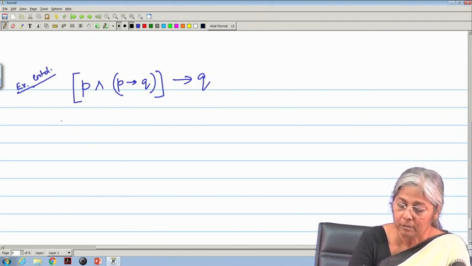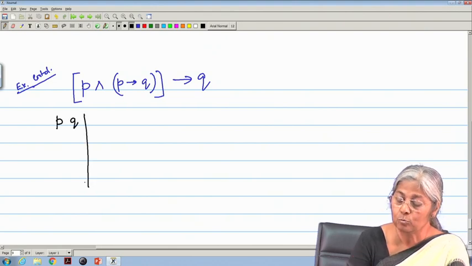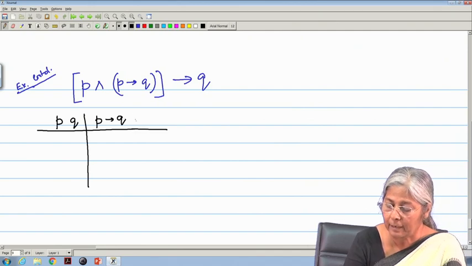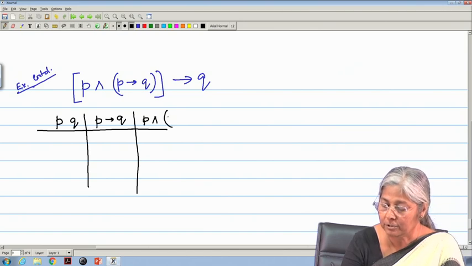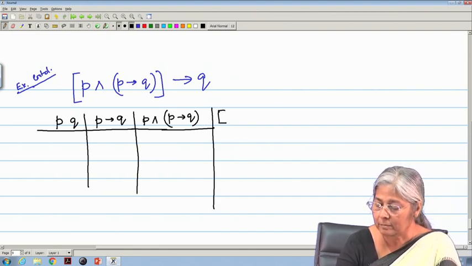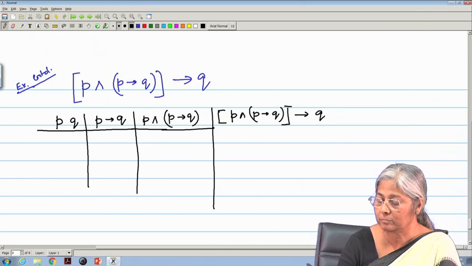We draw the truth table. Here there are only two primitive statements, so we give p, q. We require p implies q, and p conjunction with p implies q, then p conjunction (p implies q) implies q.